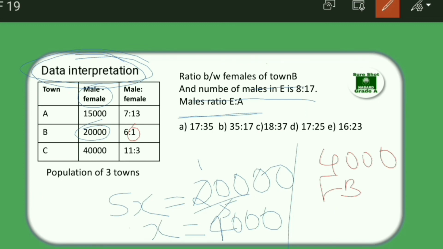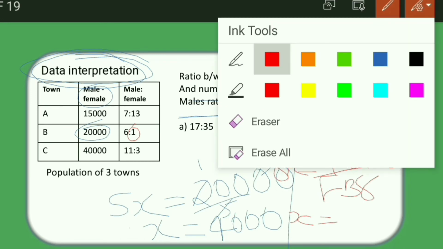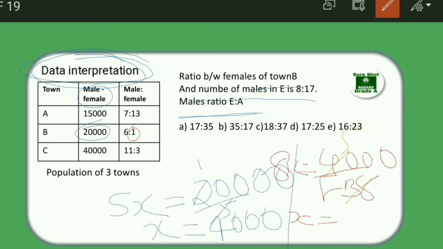Okay, the females of town B and number of males in E, this 8:17 is given. This 8x equals 4,000. So what would be x? 4,000 divided by 8, that's 500. In this, x is 500.